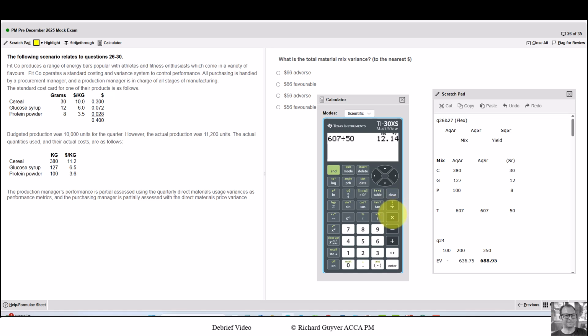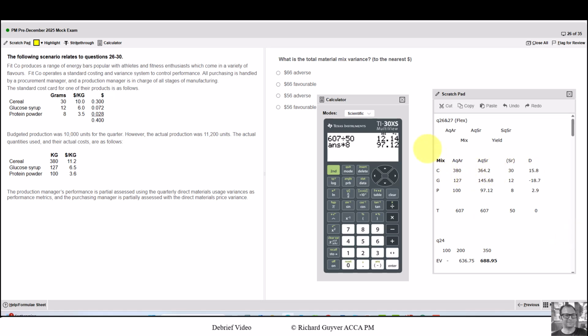So 12.14 multiplied by 30 means if we'd stuck to our standard ratio, we would have used 364.2, and for G would have used 145.68, and for P would have used 97.12. Now we find the difference between this column and this column, and we need to be consistent. So I would do first column and subtract the second column.